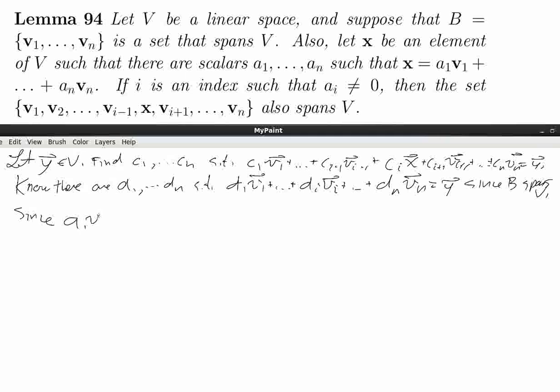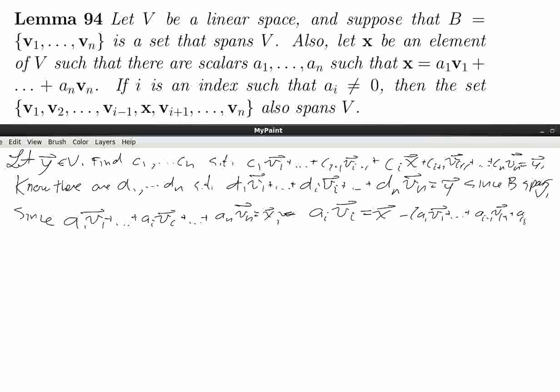Since a1 v1 plus that plus ai vi plus that plus an vn equals x, I have that ai vi is equal to x minus a1 v1 plus ai minus 1 vi minus 1 plus ai plus 1 vi plus 1 plus that plus an vn.